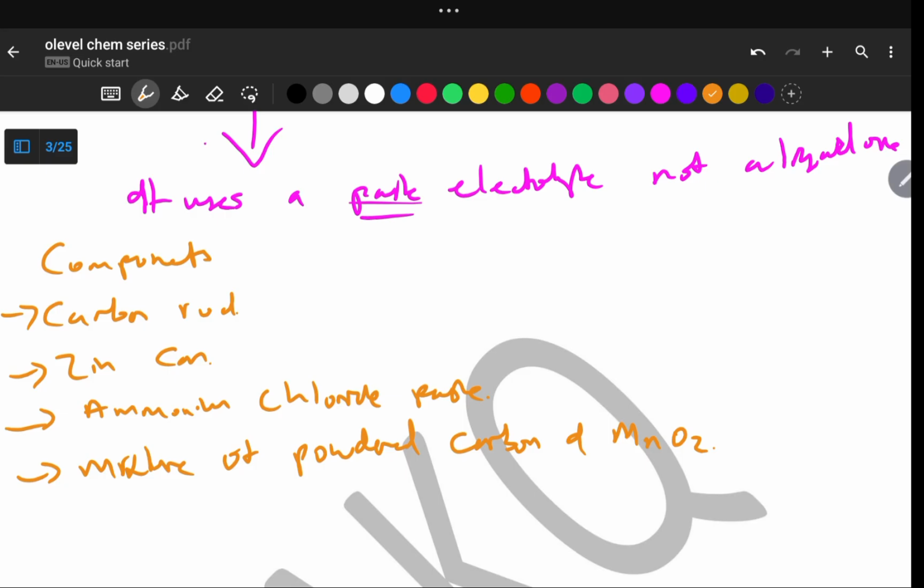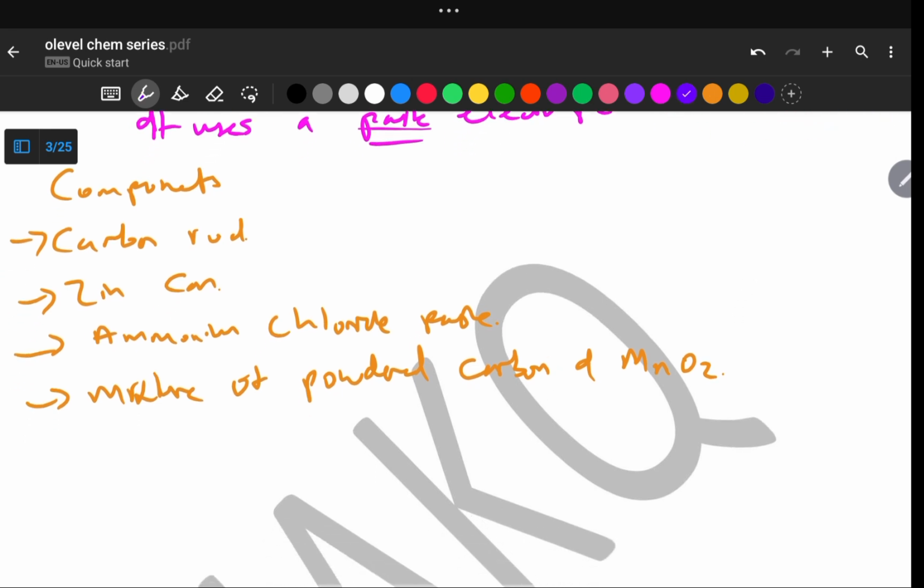Manganese dioxide is used as a depolarizer, like we have alluded to before, right? And now we are going to explain the use and the function of each of these components, right?